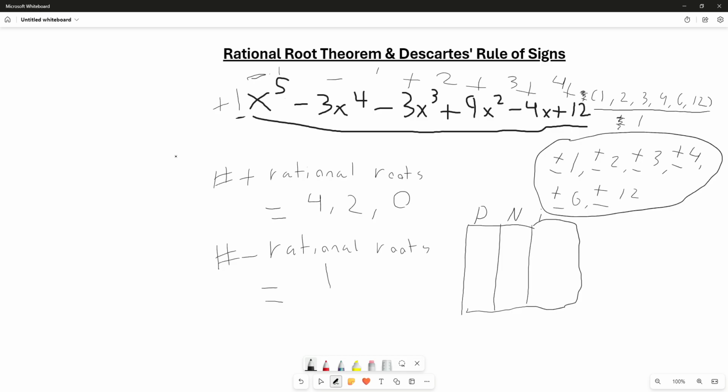Because remember, there can also be imaginary roots. So there can be 4 positive, there can be 2 positive, or there can be 0 positive. We know that there has to be 1 negative in all of these cases.